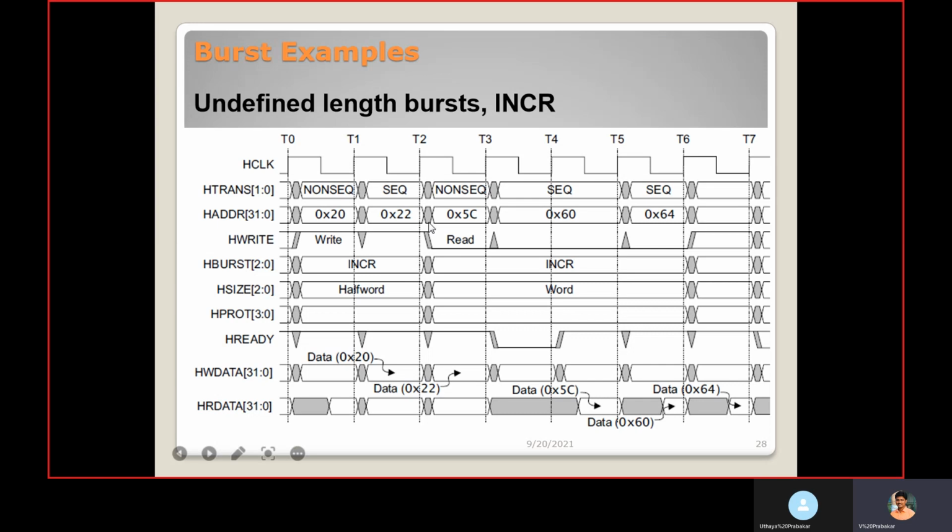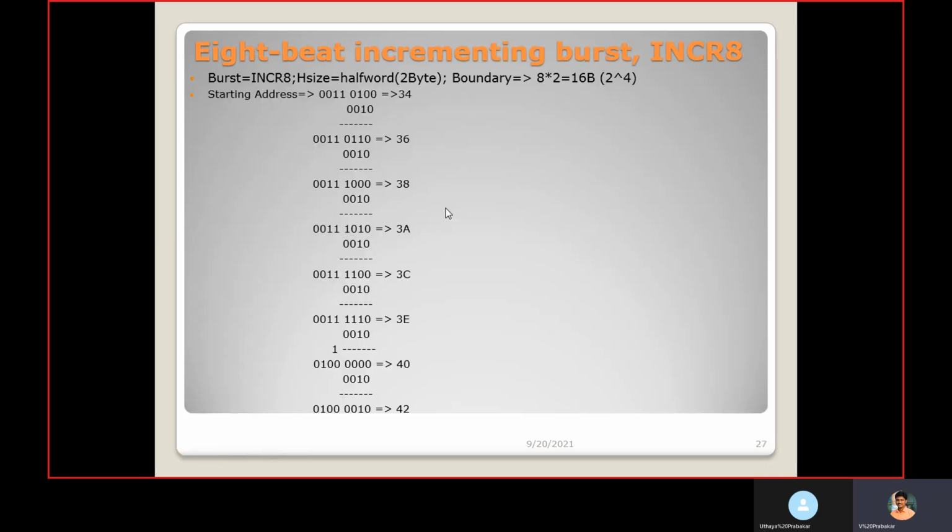Then here, after a sequential, it introduces a non-sequential, and it is an undefined length burst. Okay, it can perform. It is acceptable, right? You see here.